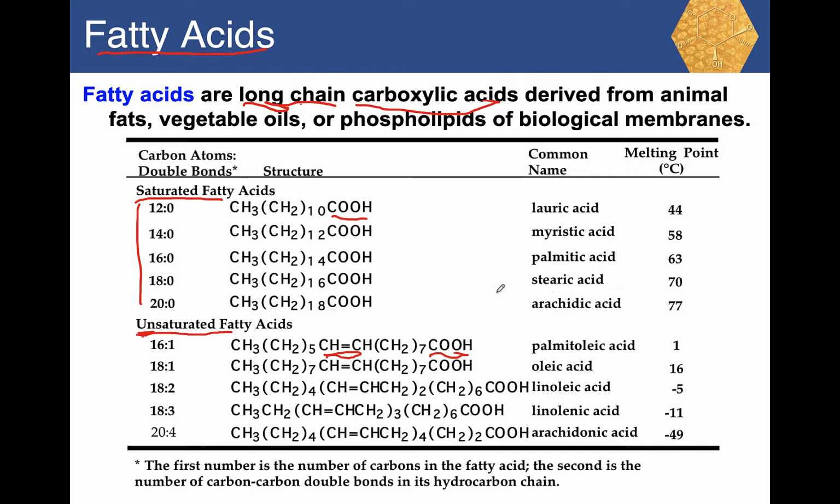Those are saturated fatty acids. Examples of unsaturated fatty acids: palmitoleic acid, oleic acid, etc. But the main point here is they have long chains bonded to the carboxylic acid functionality.